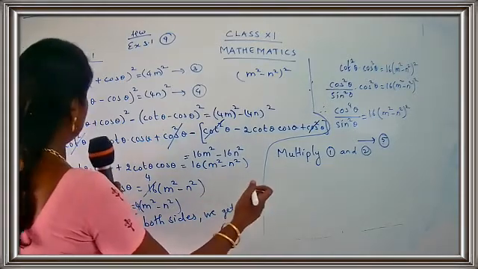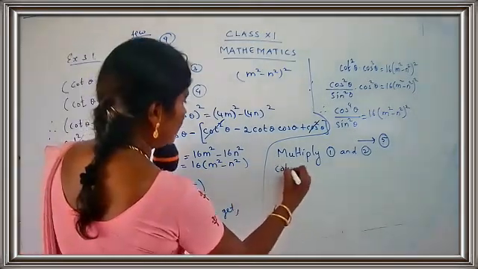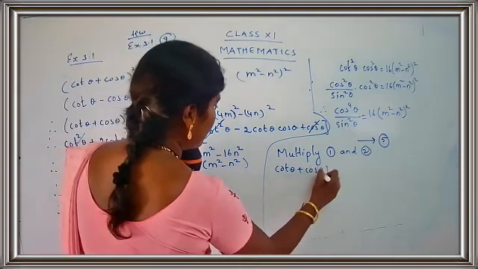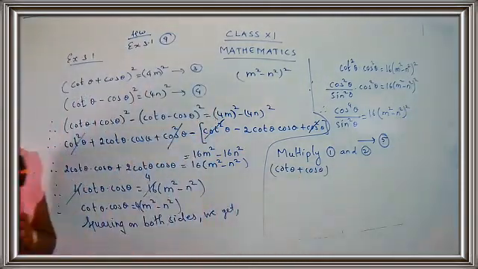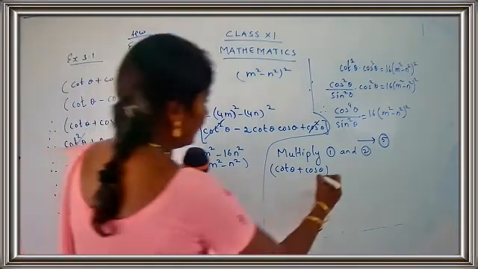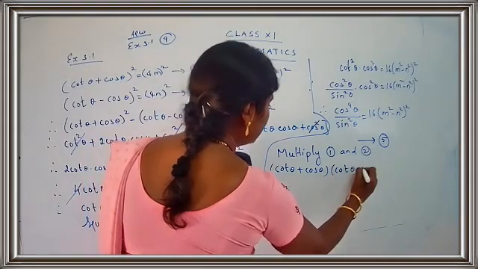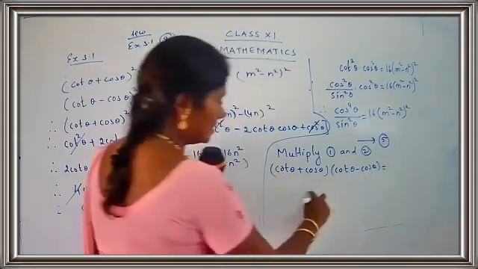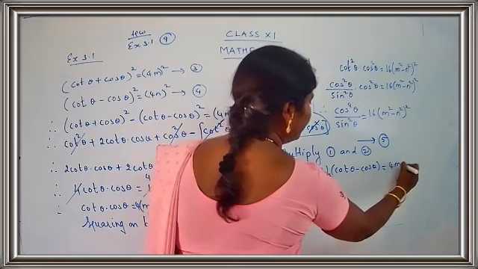Okay, 1 was cot theta plus cos theta, and you have your cot theta minus cos theta. This is the LHS side, and you have your 4m into 4n.